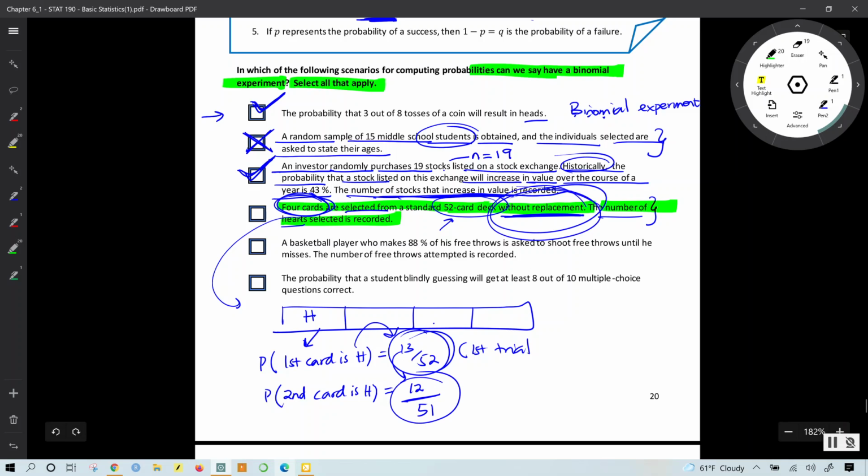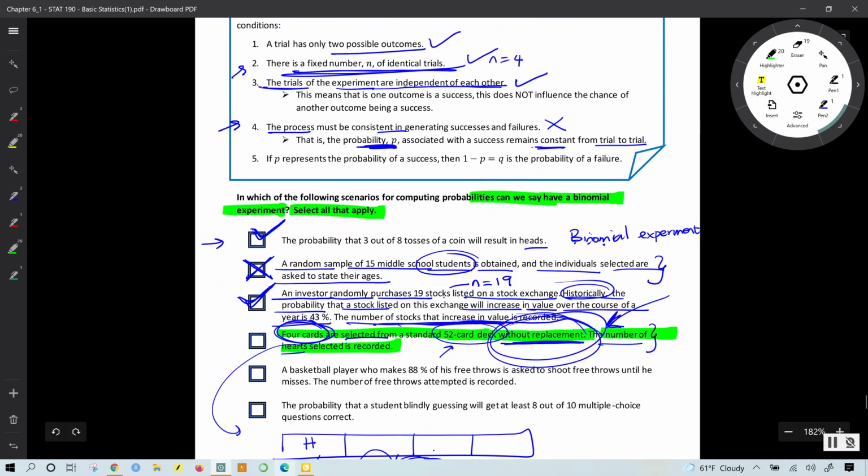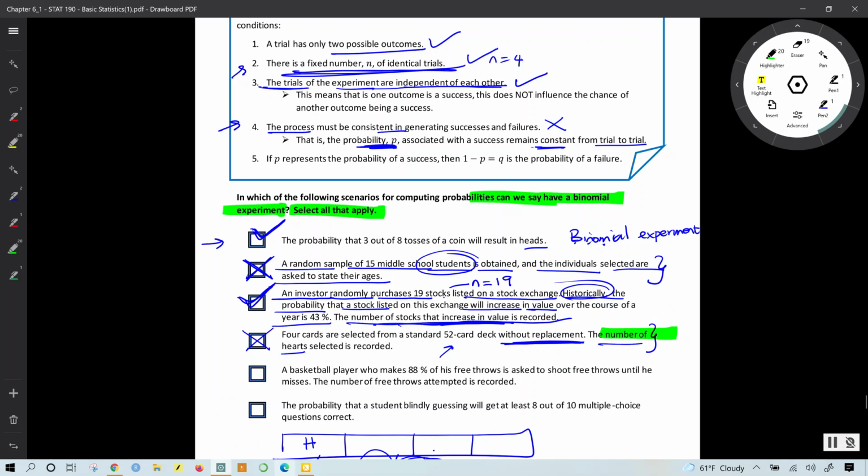So the probability of picking a heart from trial to trial, under the conditions of picking without replacement, is not constant. This event fails the 4th condition explicitly, and so this one is not a binomial experiment.